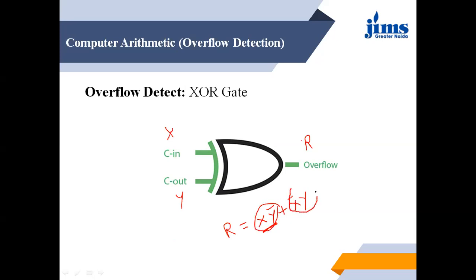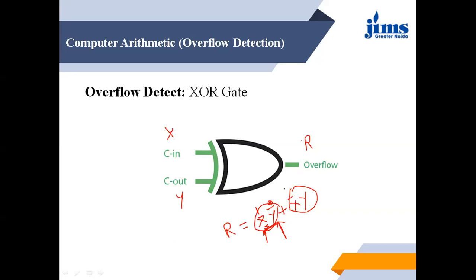If any one of these two is 1, it means there is an overflow. Either carry in is 0 and carry out is 1, if I take it in reverse, or carry in is 1 and carry out is 0 in the first case, then this is an overflow.